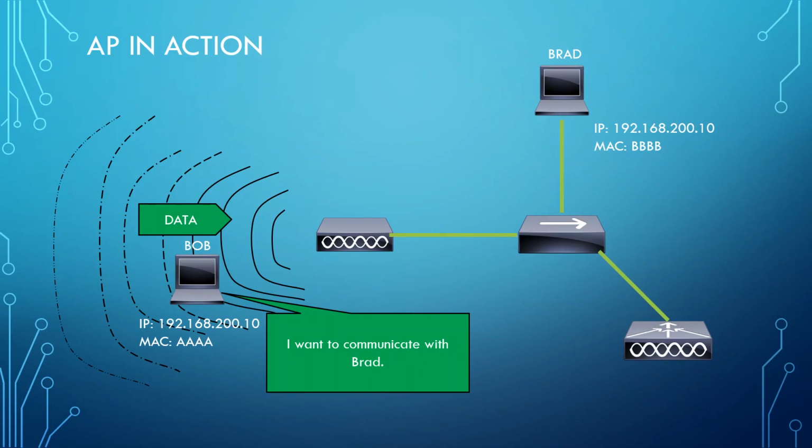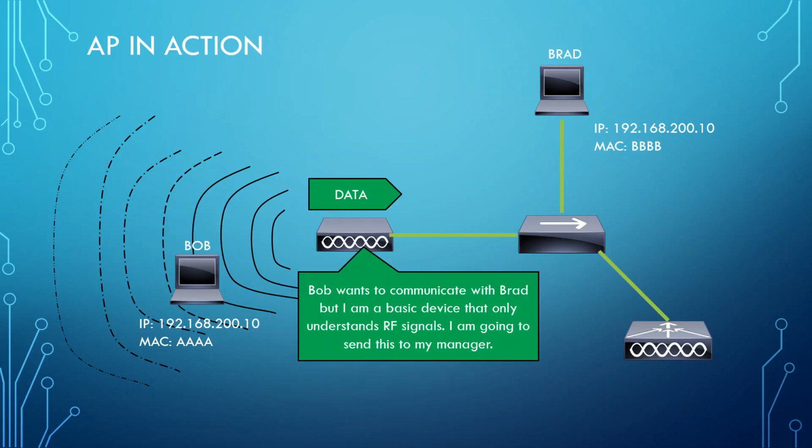So let's see this lightweight access point in action. Again, Bob wants to communicate with Brad. It sends this data to the access point. With wireless communication, like with Ethernet, all data is sent to the access point first. Even if that data just needs to go to another wireless client, it's still sent to the access point.